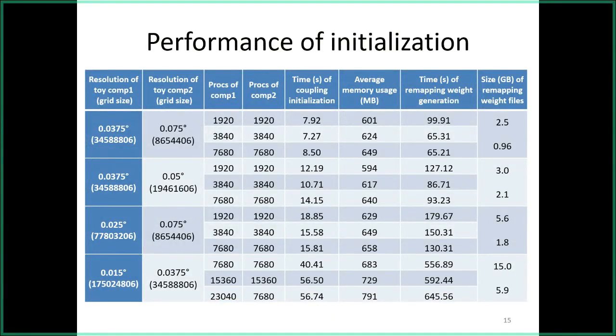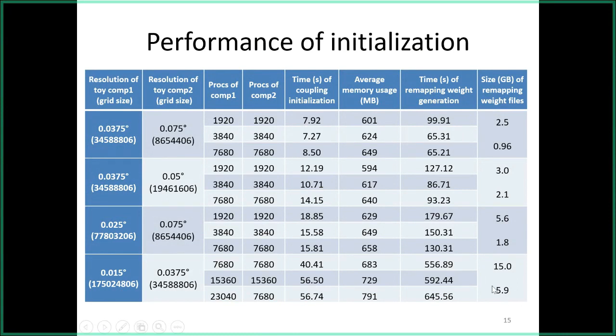This slide shows the performance of C-Coupler 3. We can see the last row here. The resolution is very high, about 1.5 kilometers globally, and the number of processes is big, without OpenMP threads. This column shows the time of coupling initialization with C-Coupler 3. The initialization time is less than 1 minute.